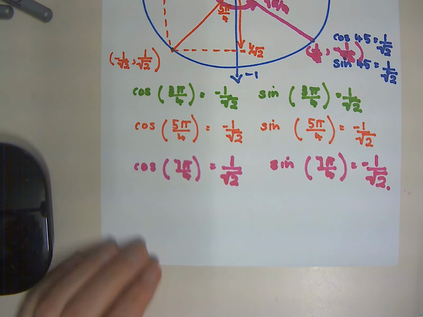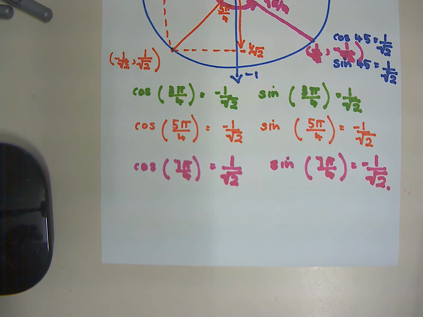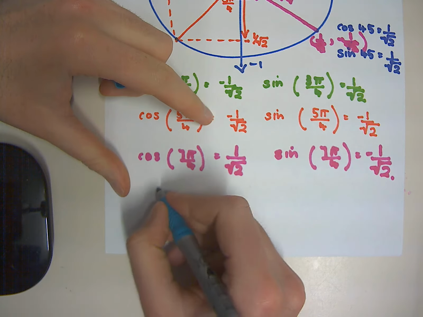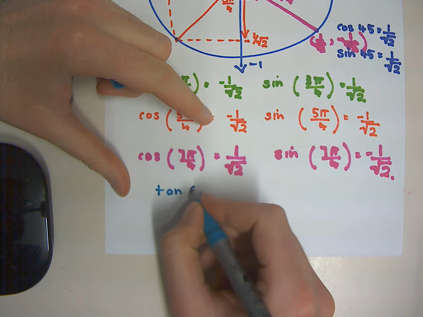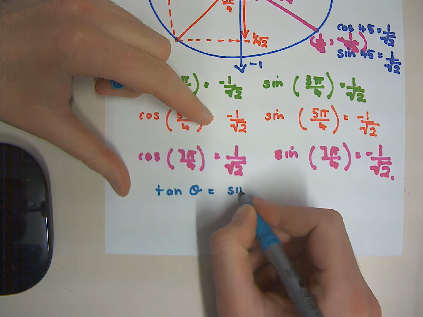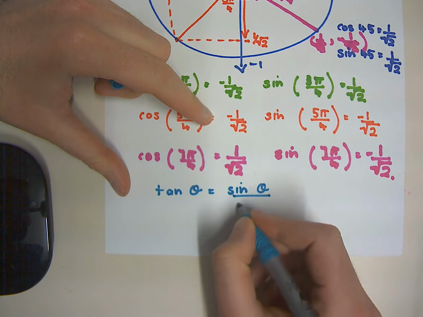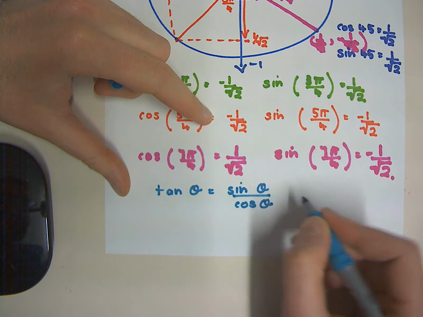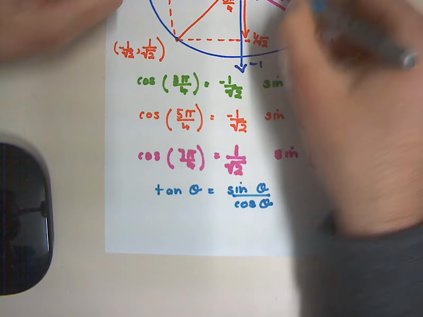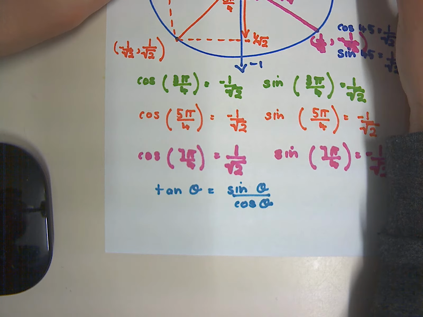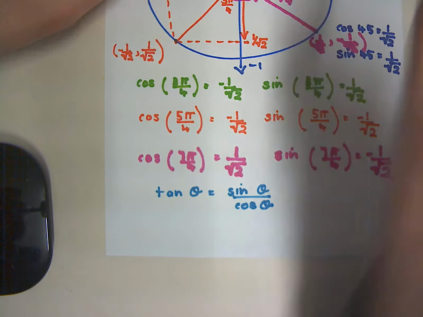Now, the question also needs to be asked though, well, what happened to tan? We haven't introduced tan here, but tan theta is very simply sine theta divided by cos theta. And so then tan of pi on 4, we're dividing 1 on root 2 by 1 on root 2.